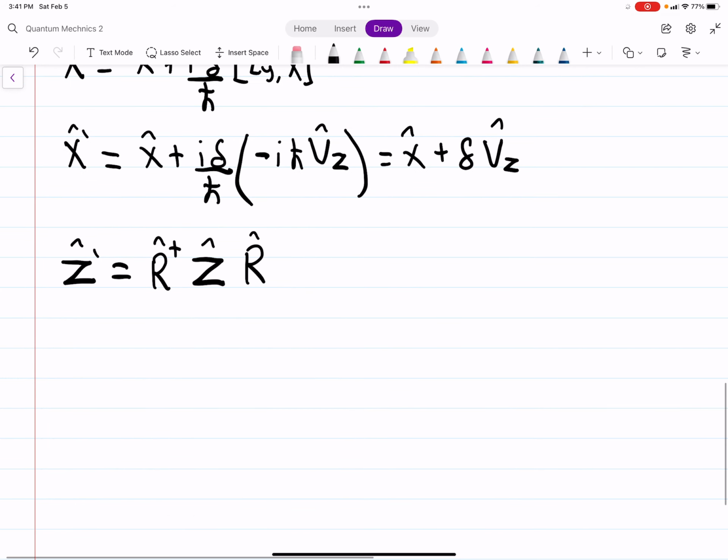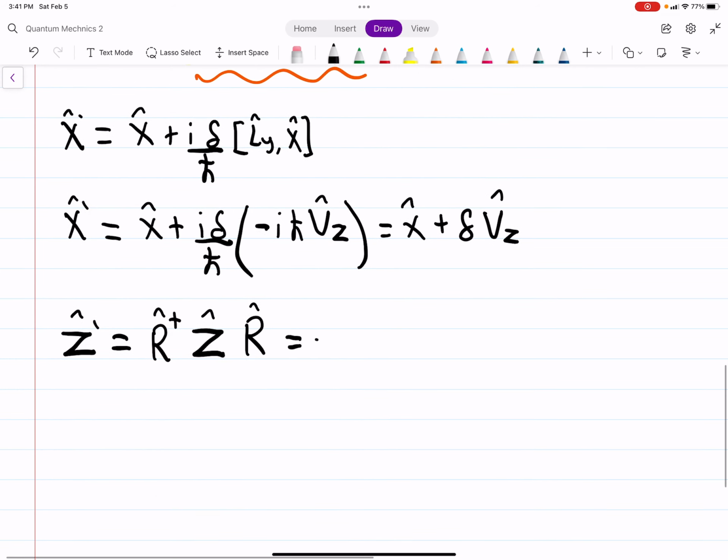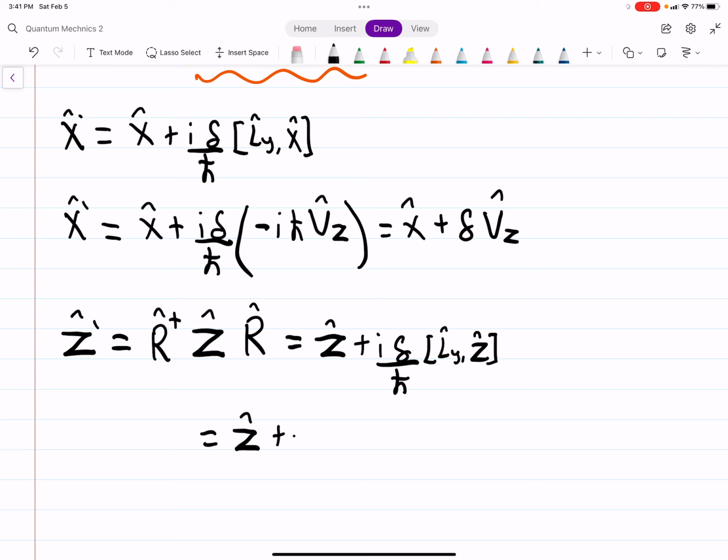So essentially you're going to get z hat plus i delta over h bar and this commutator relation. The only difference now is the Levi-Civita symbol is going to change signs.